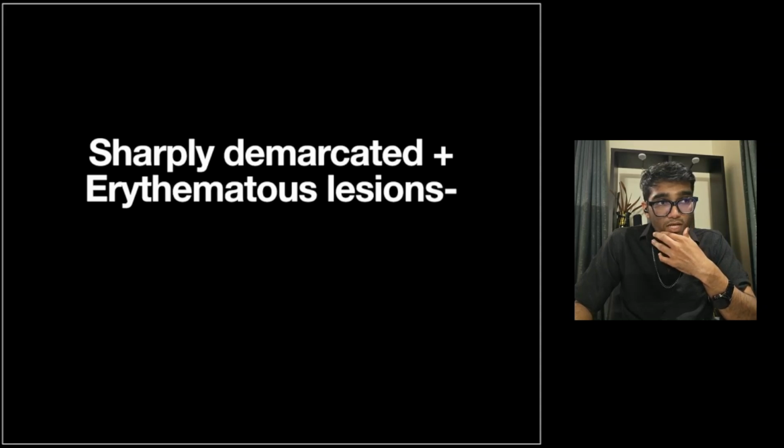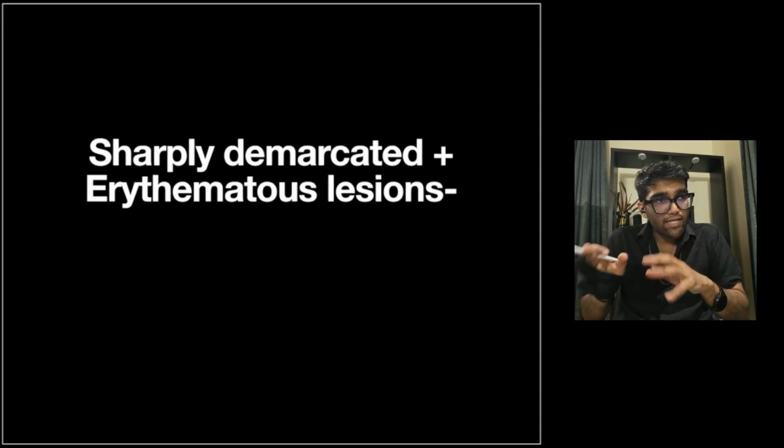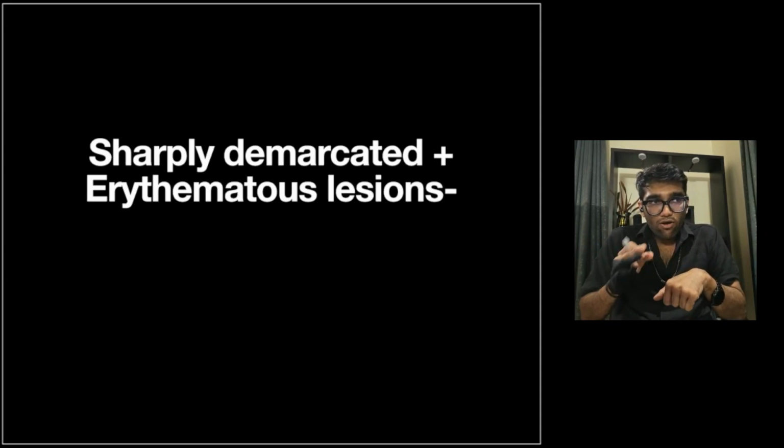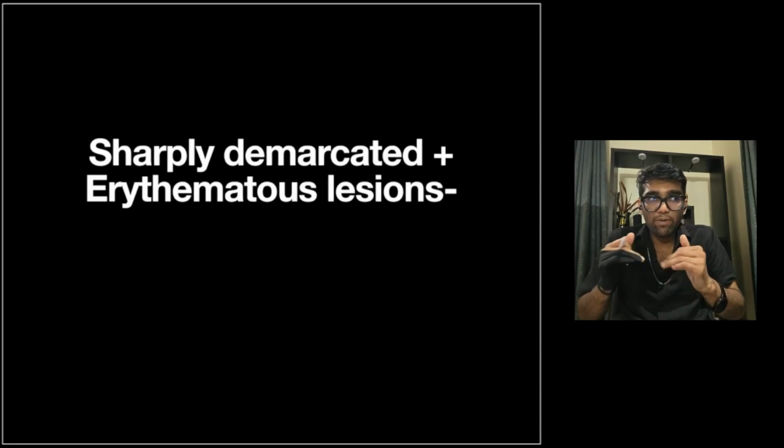So in this discussion, we'll be going into the details of how to differentiate these different types of sharply demarcated and erythematous lesions, because these are all either epidermal, dermoepidermal junction, or superficial dermal, and they often cause visible changes in the appearance of the epidermis.